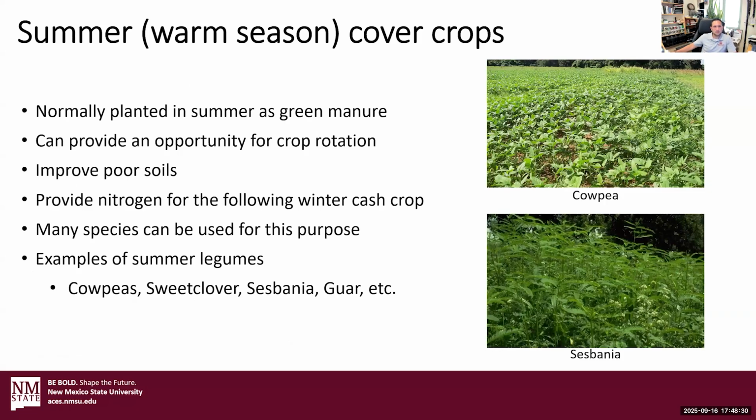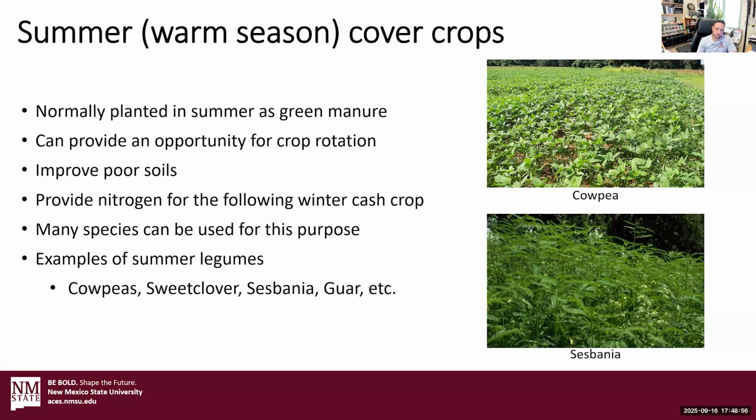And so the next are summer or warm season cover crops. This is normally planted in the summer as a nice green manure. It can provide an opportunity for a crop rotation. They do help a good amount in improving fairly poor soils, meaning not enough nutrients in the soil or really compact soils.